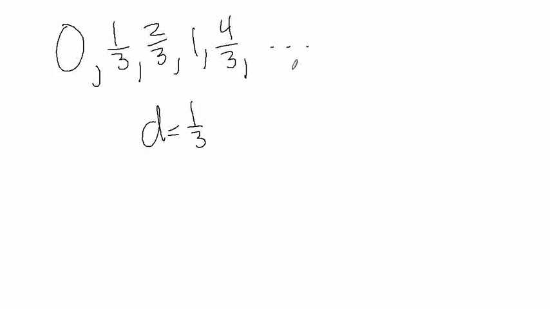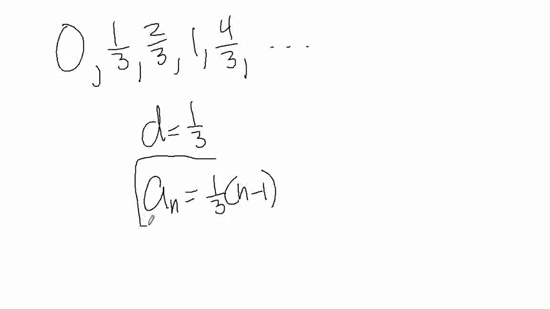And by the way, it is an arithmetic sequence because you'll notice that every term is 1/3 more than the preceding one, not just the first one or two or three. Okay, and the first term, a sub 1, is 0. So now we know that a sub n is 1/3 times n minus 1. Okay?